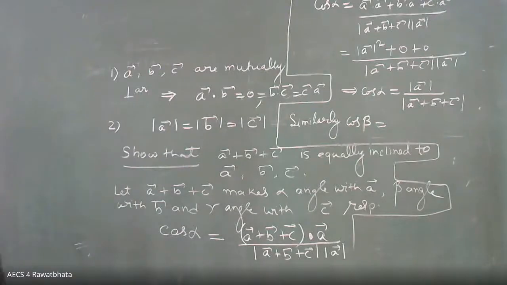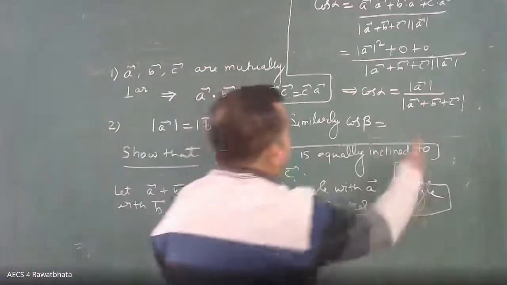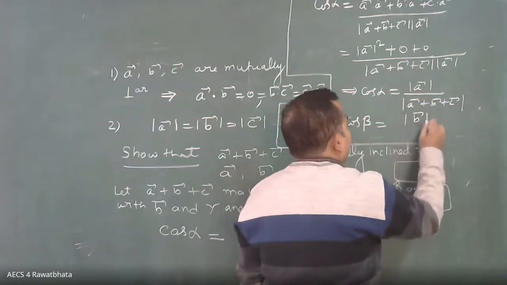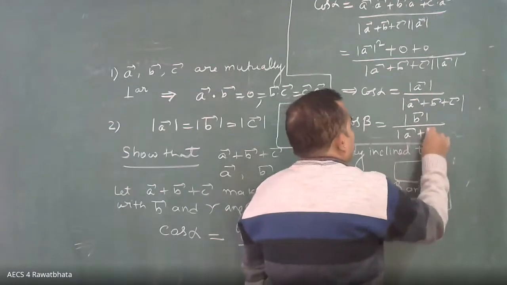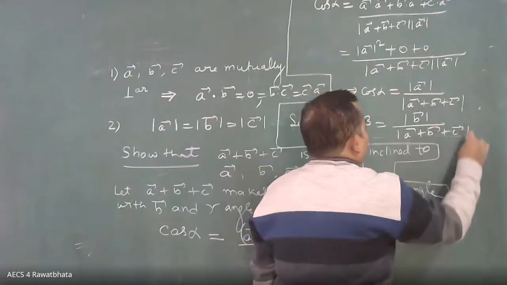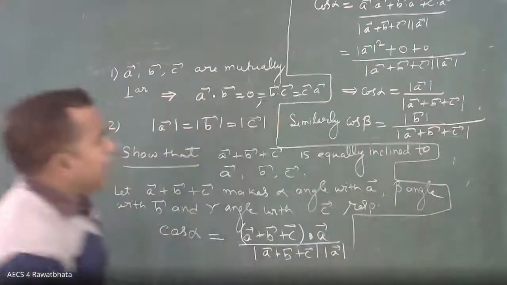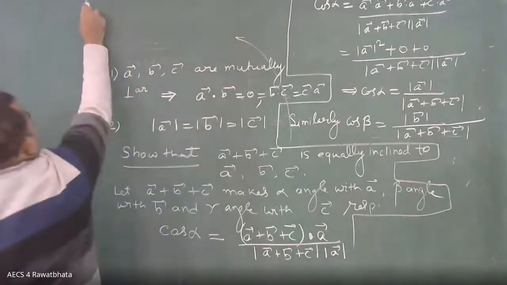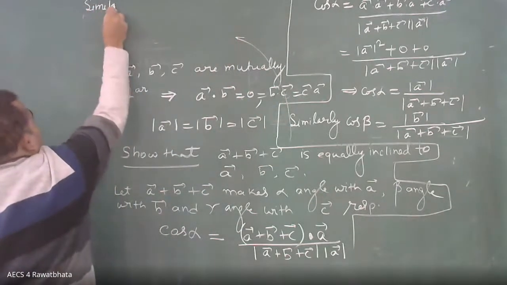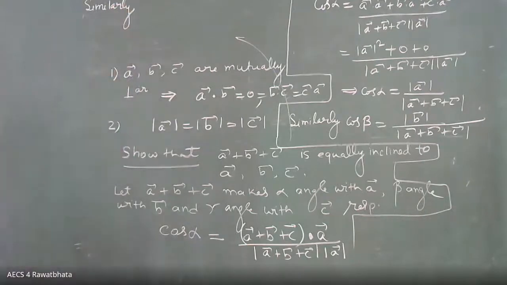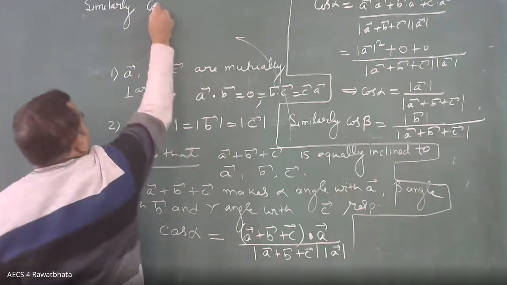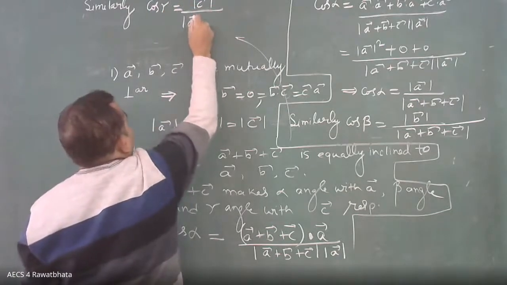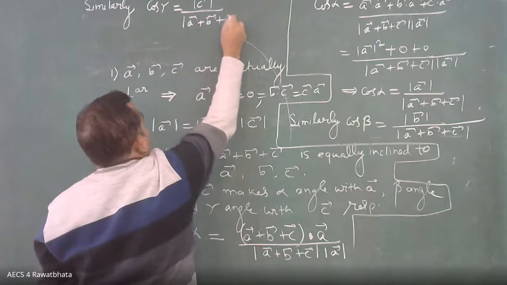Students, cos beta will be mod of B upon mod of A plus B plus C. And similarly, cos gamma will be equal to mod of C vector upon mod of A plus B plus C.